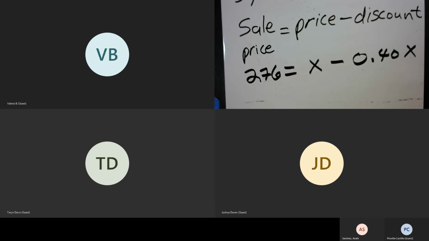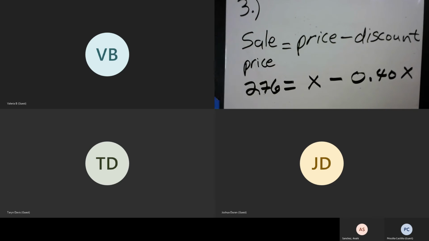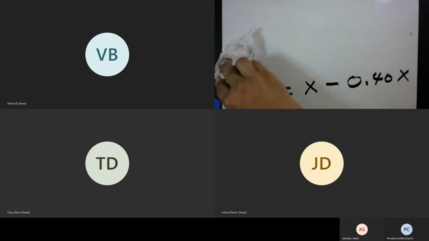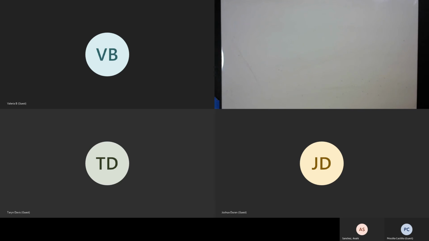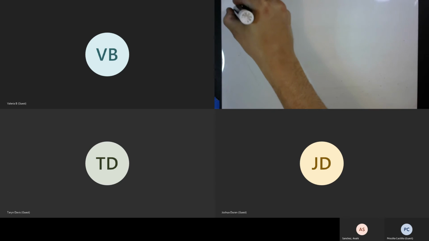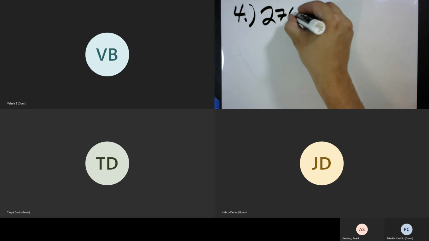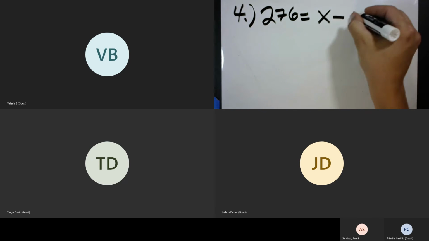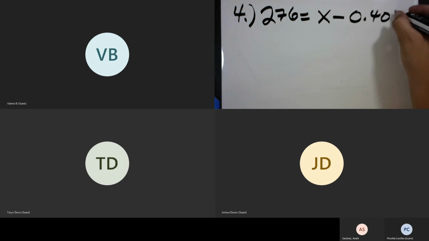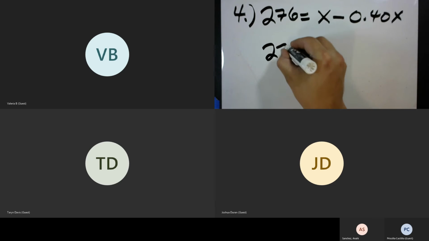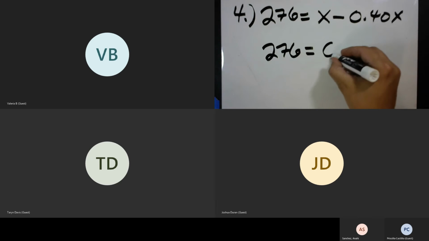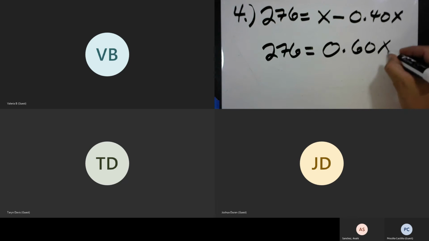So this will be able to solve. So x minus 0.40x is 0.60x.